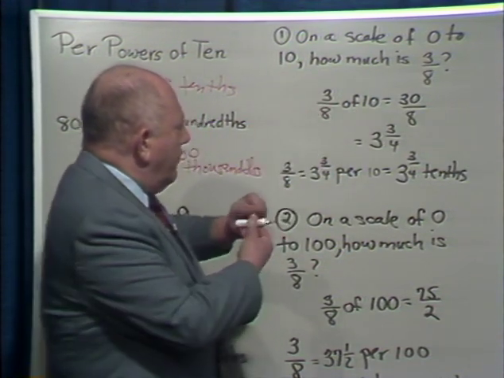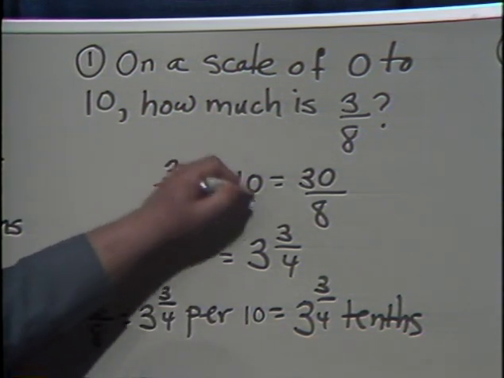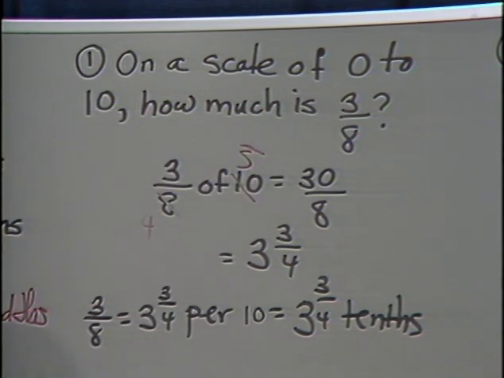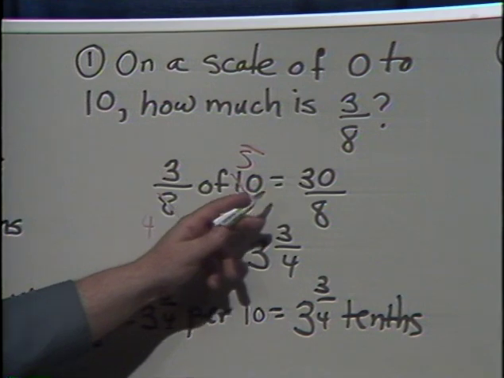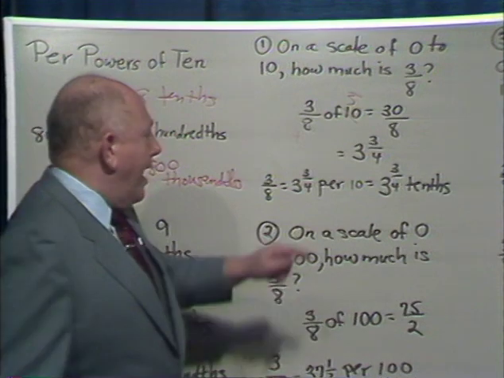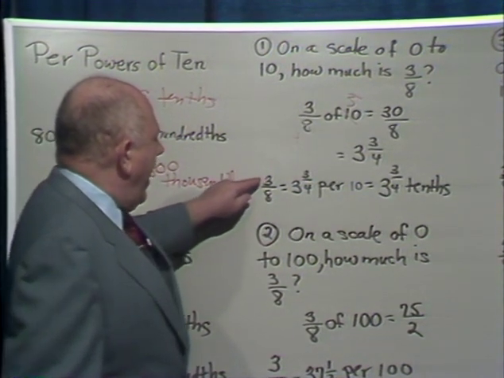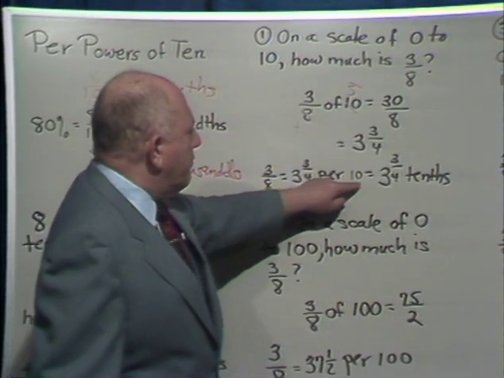Multiplying through here, or if you wish, you could divide through by 2 and get 3 times 5/4. In any event, 3/8 of 10 is 30 over 8, which is the same as 3 3/4. And all that means is at a rate of 3 out of every 8, you're taking 3 3/4 per 10.